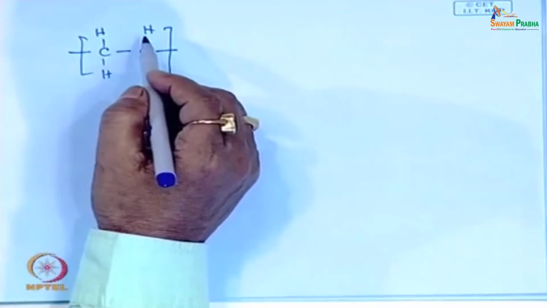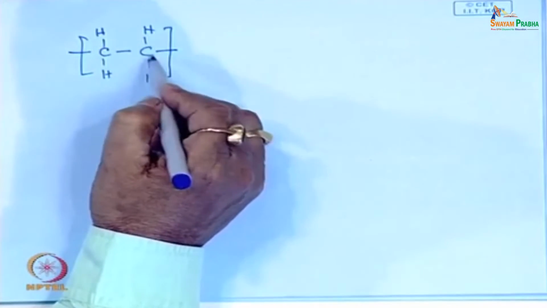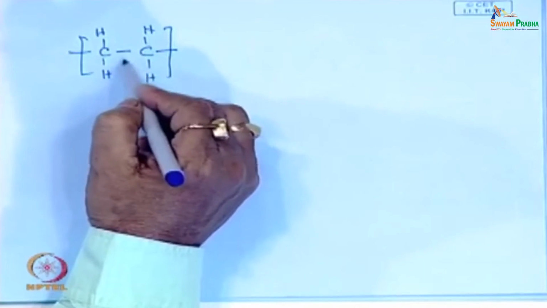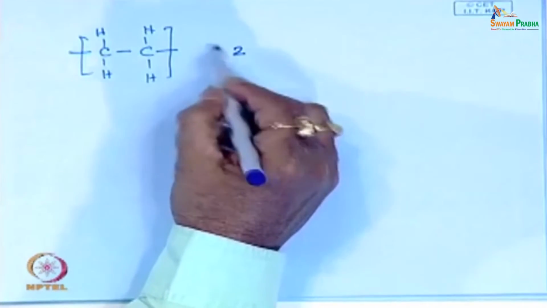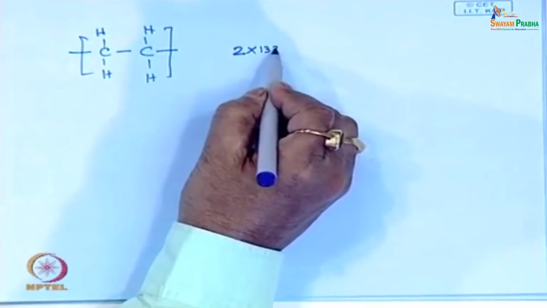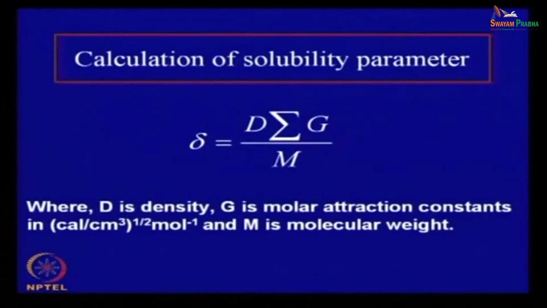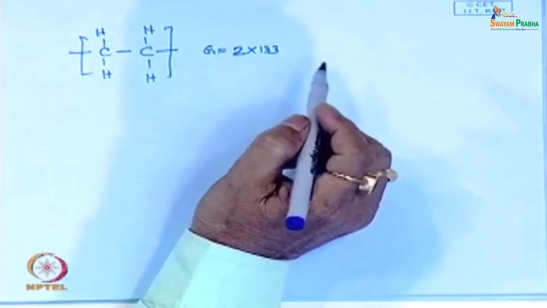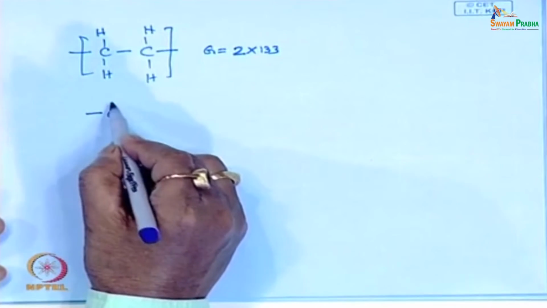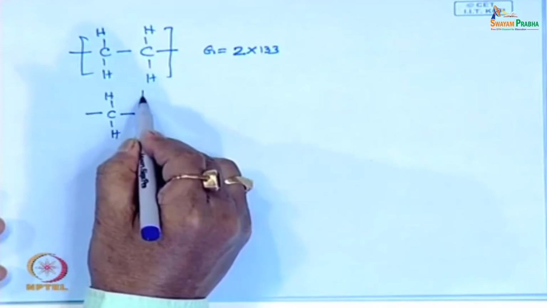So, the contribution due to this CH2 group is there. Here in this polymer, per repeat unit there are 2 CH2 groups. So, you can have the total value for this repeat unit as 2 into 133. In the previous formula you see the sum of G values; here you write G is equal to 2 into 133. You can have a molecule or repeat unit formula like this.